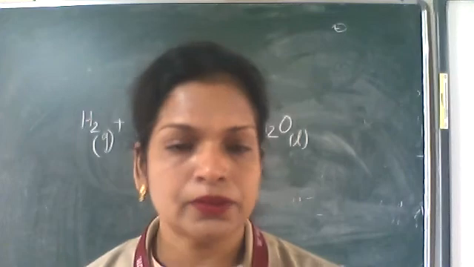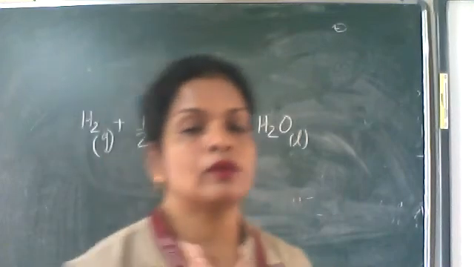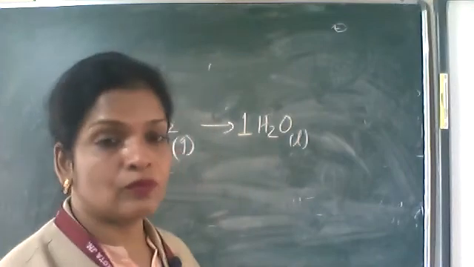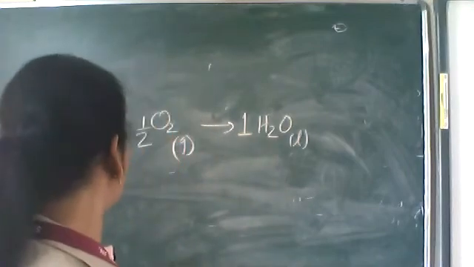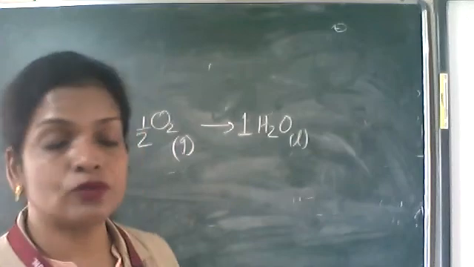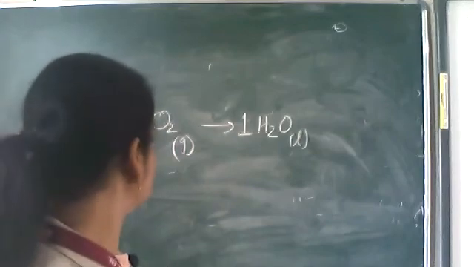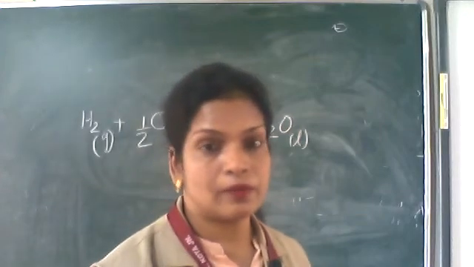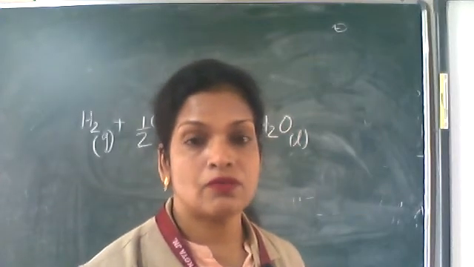Okay. So here what I have taken is water, 1 mole. 1 mole of water is formed from 1 mole of H2 and half mole of O2. In a thermochemical equation, don't take it as 1 molecule. It is always 1 mole.